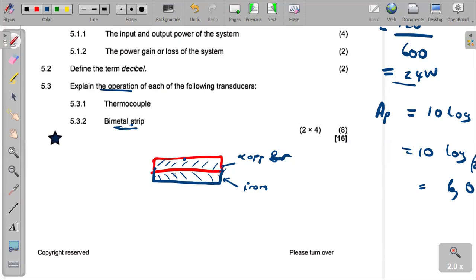And this is how it actually looks like. The one that is going to expand faster results in the metal bending towards the other side. Right? So that's what normally happens. Let's quickly go to question number 6, the next question.